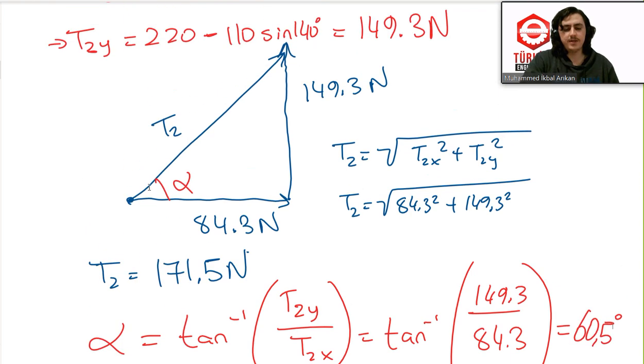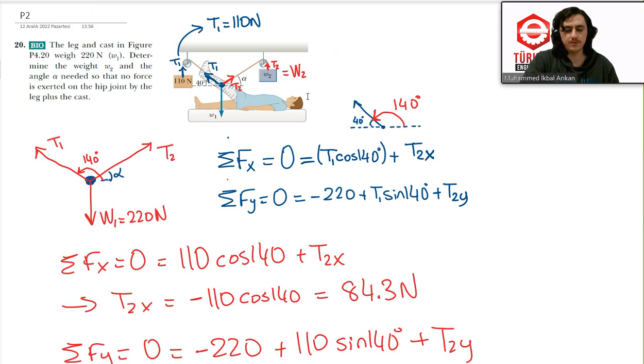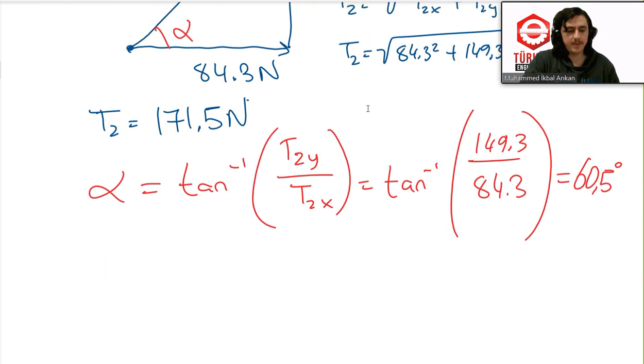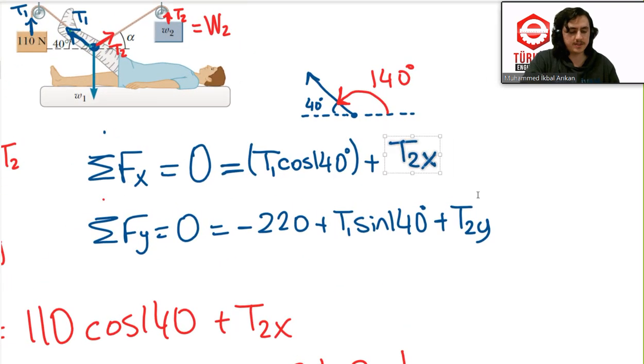degrees. So as you saw, we solved for two unknowns, and since we have two equations, one of the equations in x-axis and the other one is in the y-axis. So this is the problem. Why did I put here T2x and here T2y? I didn't put T2 cosine alpha and here T2 sine alpha. Actually, the unknowns will be 3, and I have two equations, so it will be just more complicated.